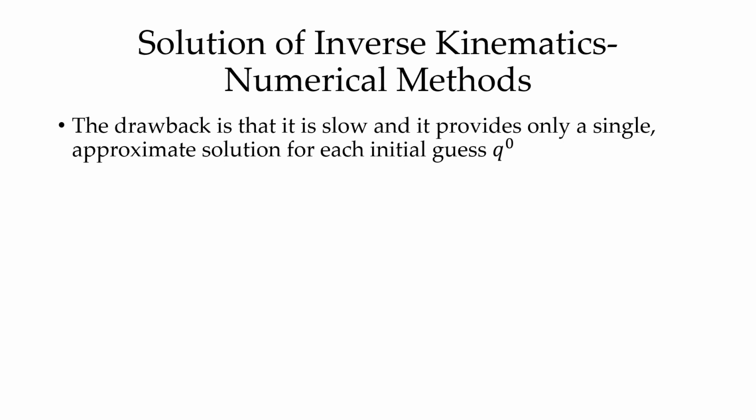If multiple solutions exist, we have to do the iteration for different initial guesses, only then will we get some kind of multiple solution, but in one go we will not be able to get multiple solutions. Also the solution will not be exact, it will be approximate. For example, if the value of theta 1 should have been 45 degrees, then you might get 44.98 something, an approximate value. It finally depends on the number of iterations that you are doing.